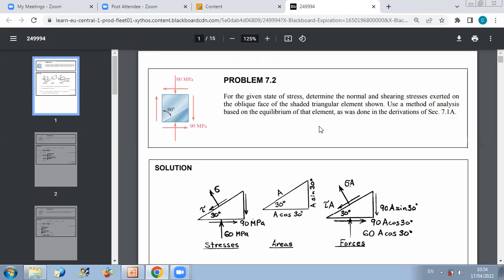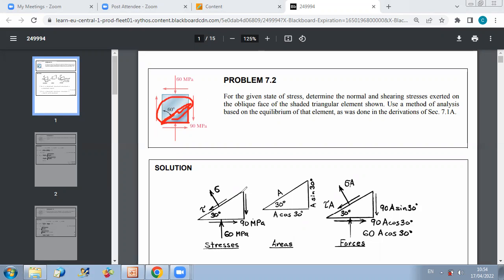You should go back to the analysis and say, all I have to do is consider this triangular element. I did a cut here. I know the state of stress on these two faces. So now if I take this element, I can determine the state of stress on this face.